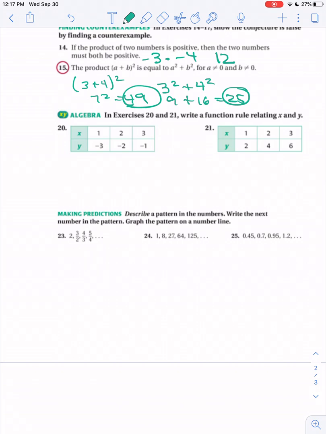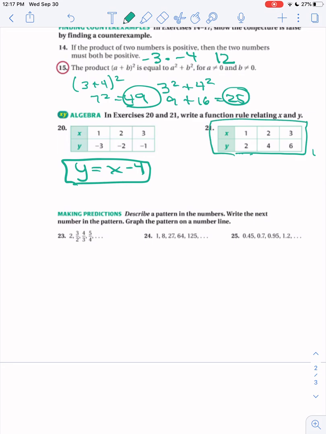So I'm going to say in order to get y, I'm taking my x and subtracting 4 every time. The next one, you might say, hey, my answers are going up by 2 every time, but we've got to write that as a function. So really what we're doing is taking our x and doubling it, or multiplying by 2. So we're going to say y equals 2x is the answer I'm looking for.